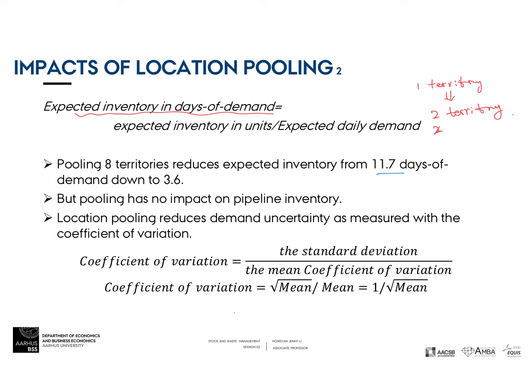So you initially have 3.4 divided by 0.29. Now you have 4.8 divided by 0.58. So this is dramatically reduced. If you put 8 territories together, the inventory in days will be reduced to 3.6 days.